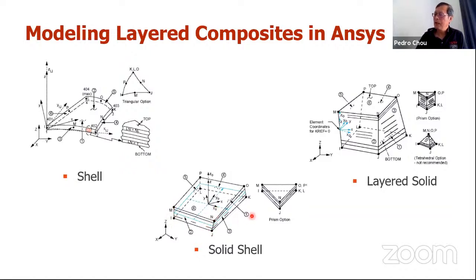Okay, and if you have a thick laminate, probably you want to use a layered solid. Okay, so these use the formulation of a solid element. And then again, in the solid element, you define the layers and the stacking sequence of the layers.